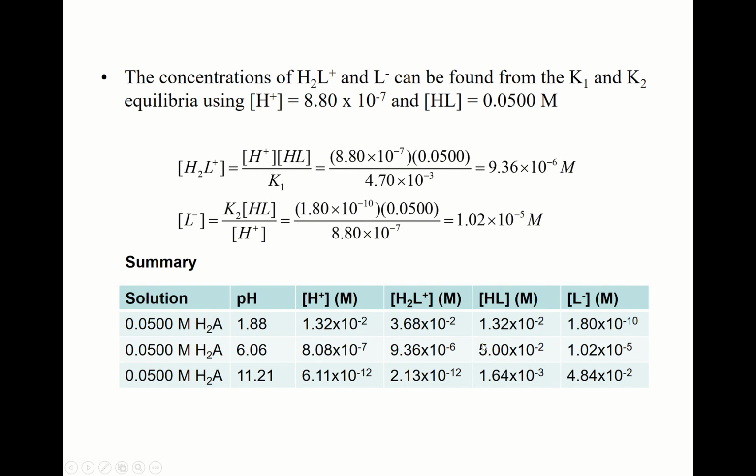Now let's go on to calculate each component's concentration when this intermediate form is dissolved in water. Let's take the leucine case again. The question is the concentrations of the diprotonated form and the deprotonated form when the intermediate form is dissolved in water.